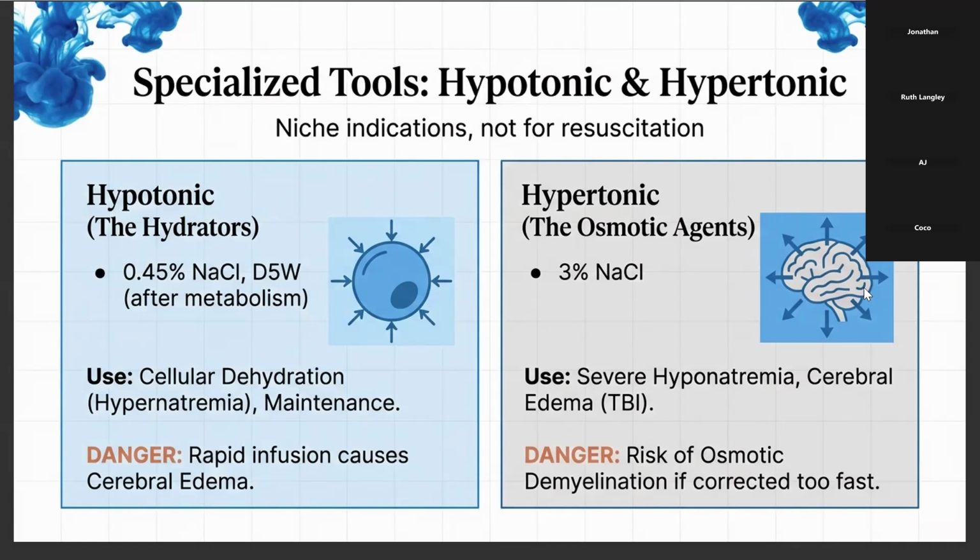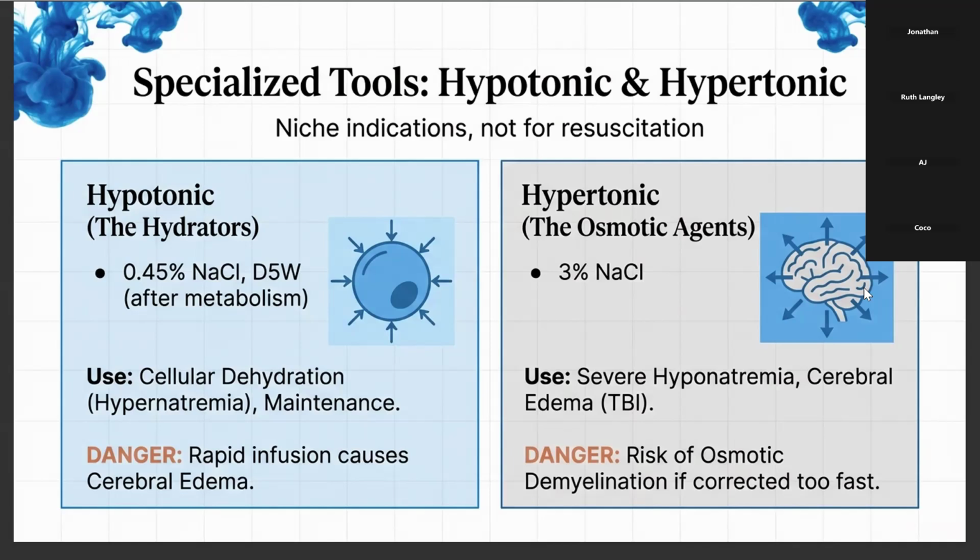So you want that salt back in the cells rather than in the circulation. Again, we don't use it very often. If you go to the guidelines for hypernatremia, it is one of the recommendations of the Endocrine Society, I believe. But you have to be very careful because if you infuse it rapidly, you're going to cause cerebral edema. The cells are just going to get full and full and full of fluid.